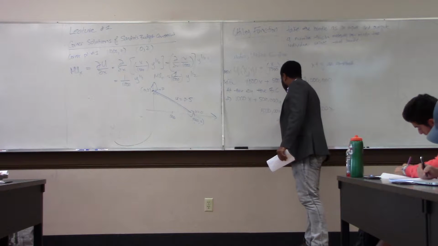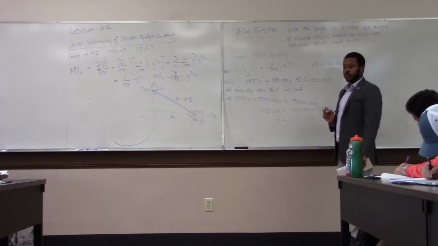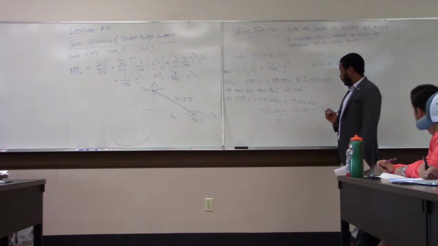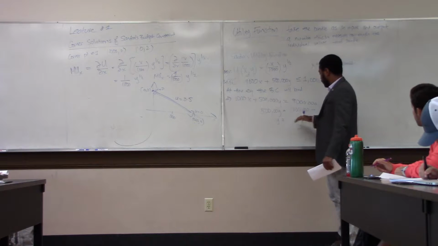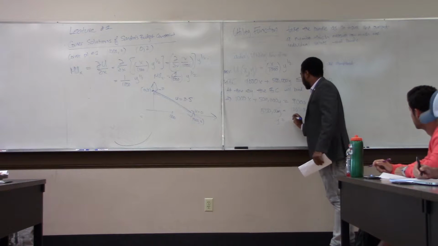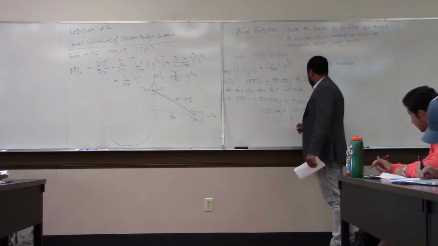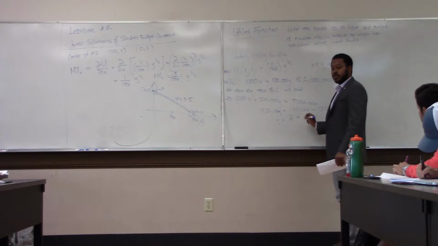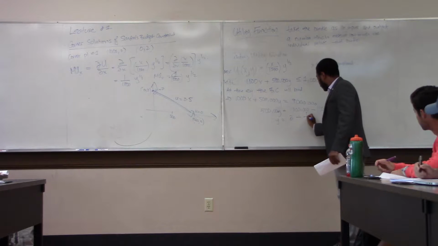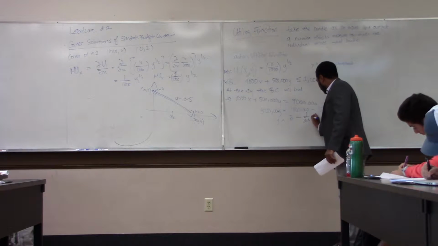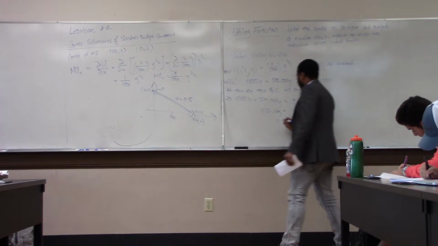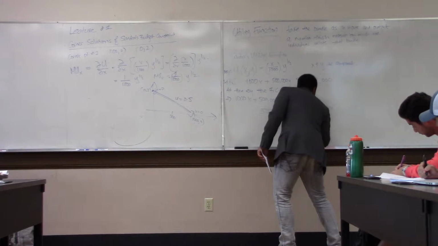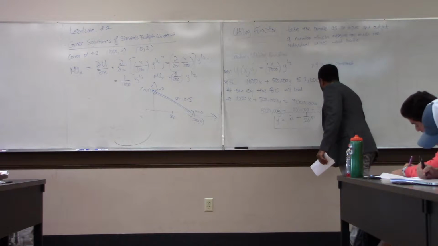And so what is y equal to? What's 1 million divided by 500,000? 2. Yeah. So we're going to get 2 minus, what's 1,000 divided by 500,000? 1 over 500. Yep, x. So this is what y is equal to, right? And let's call this equation star.